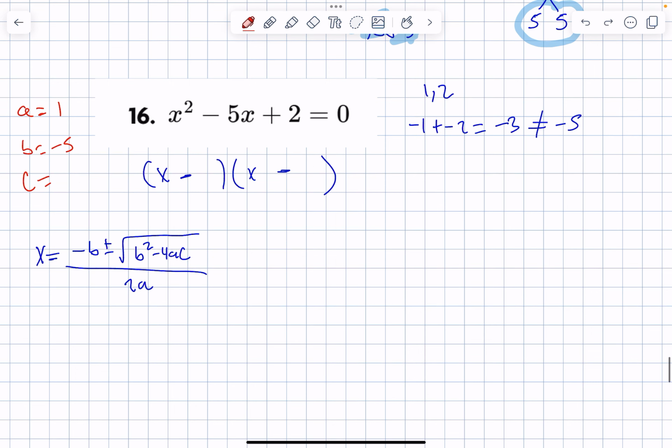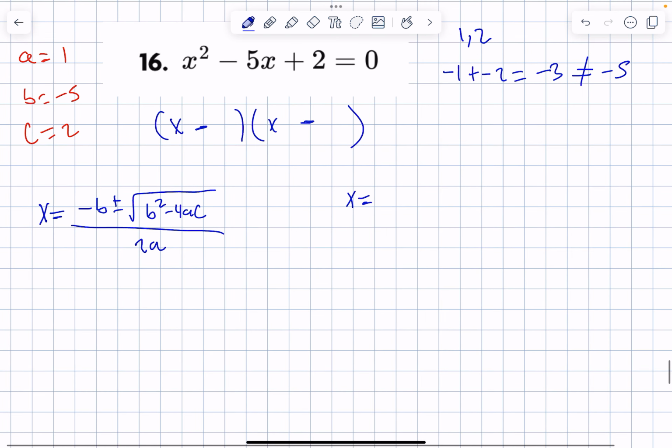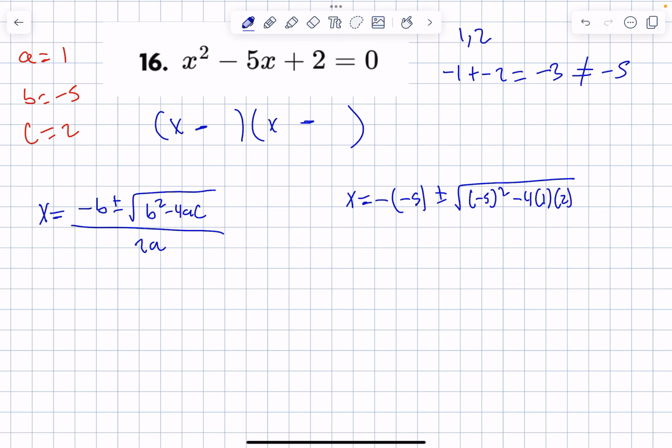Okay. So now we're back to plugging in everything we know. So x is equal to negative b. My b is negative 5. I'm going to write it down so you can see it. And then we have negative 5 squared minus 4 times 1 times 2, all over 2.